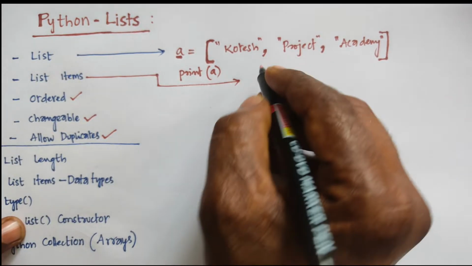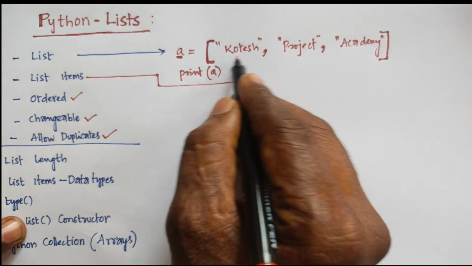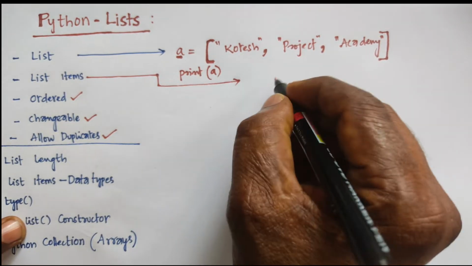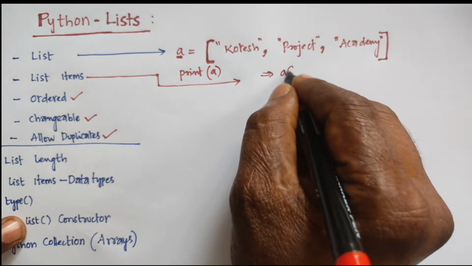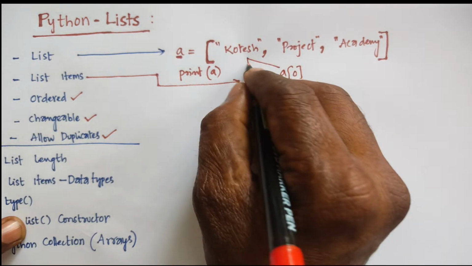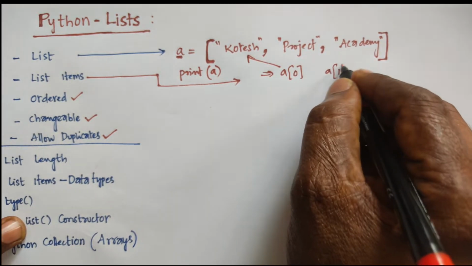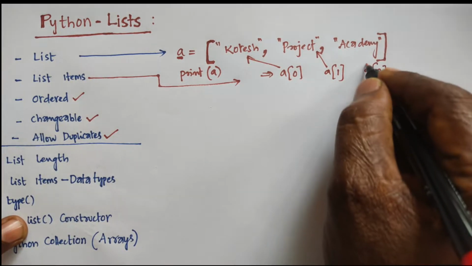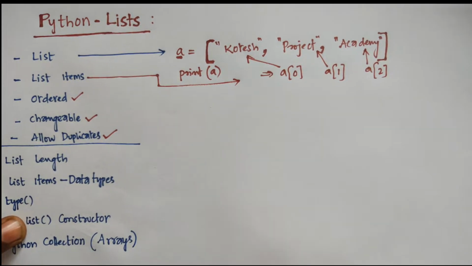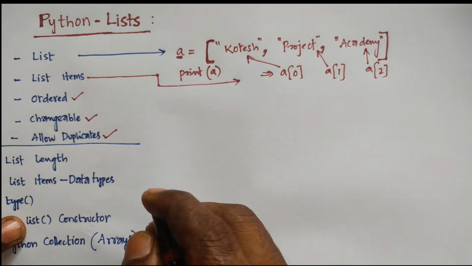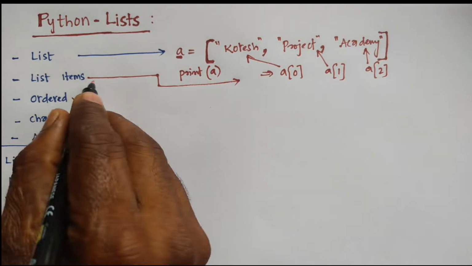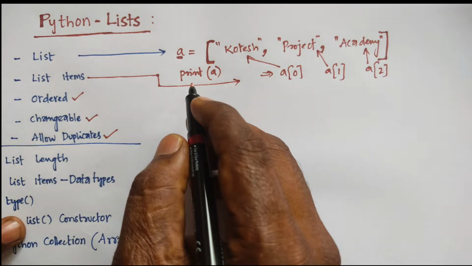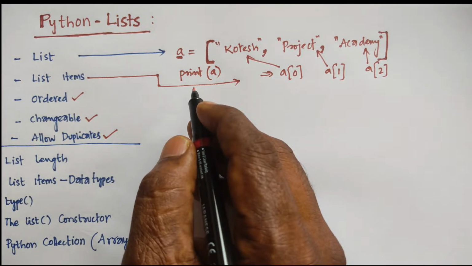If you want to represent the first string, you write A of 0, then A of 1 in square brackets, A of 2, like that you can get the data. So list items are indexed based on that order.